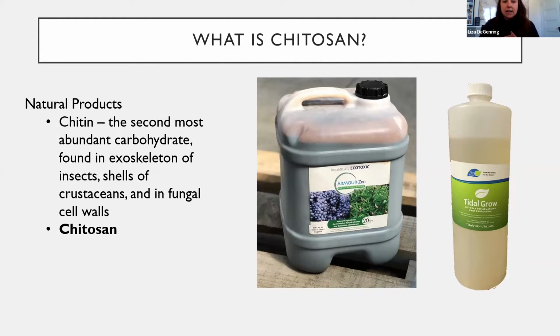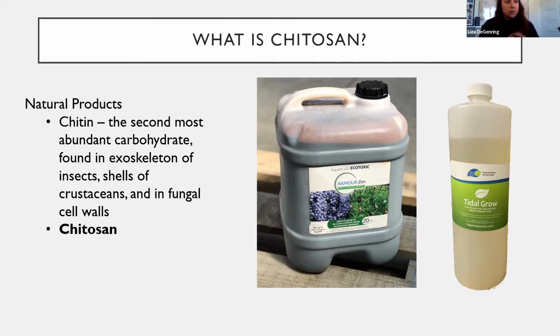And then Chitosan is derived from chitin, and we predominantly use Chitosan because it is more soluble in water than chitin. And as most of you know, it is very important to be able to have something in solution to be able to apply it in an agricultural setting. There are products that are currently being used commercially in the United States or that are coming to market.